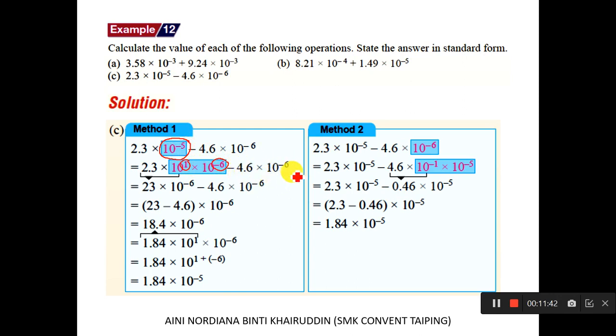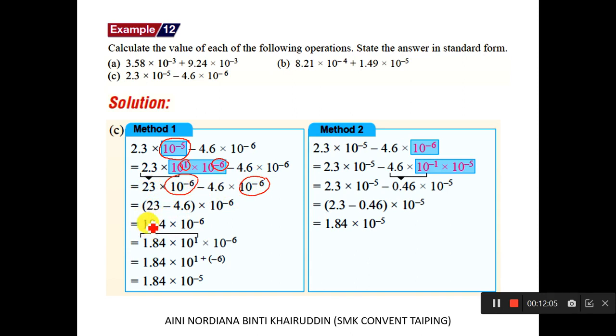This number remains unchanged. Next, 2.3 times 10 to the power of 1 equals 23. Now both have the same value, 10 to the power of negative 6. So we can minus these two numbers in a bracket. Then we will get 18.4.